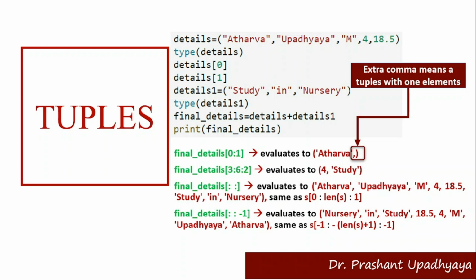When we change the square brackets to parentheses, we will see whether my class changes or not. Again we define final_details 0:1, and it will evaluate to Atharv. An extra comma means a tuple with one element. Now we will see it in Google Colab.